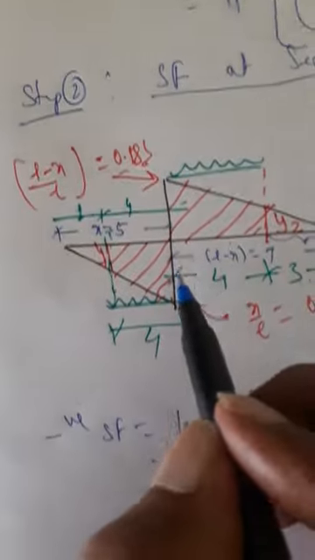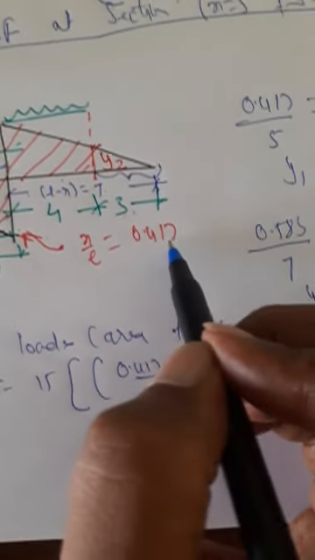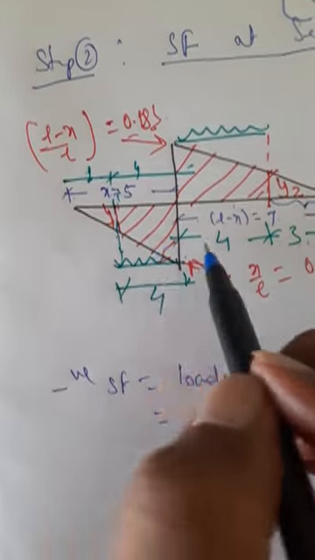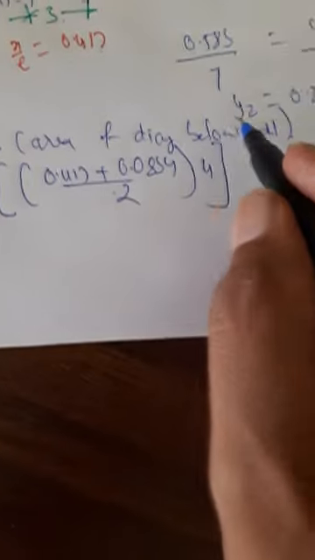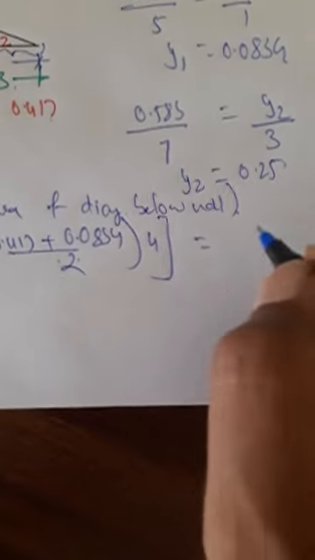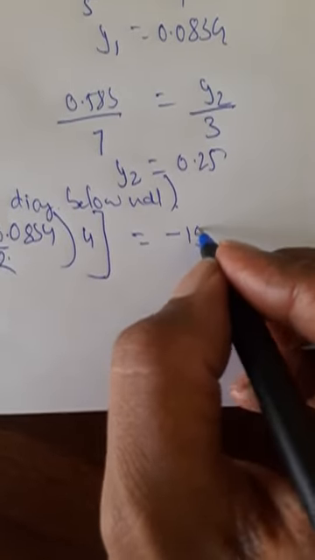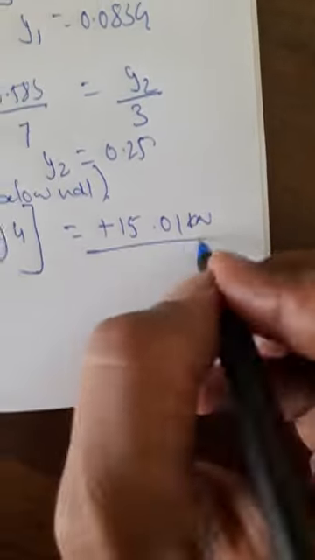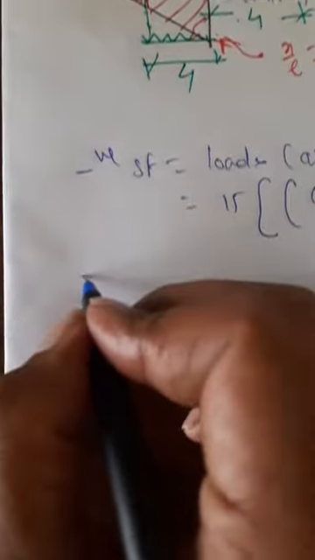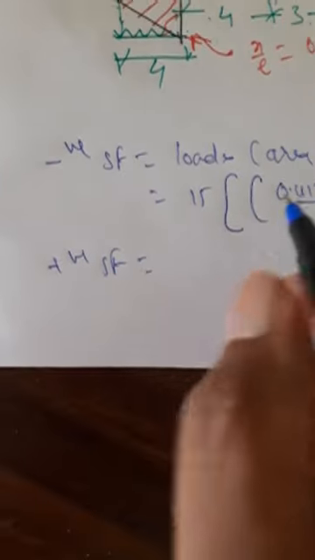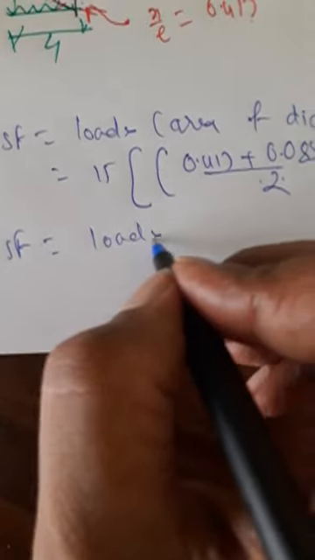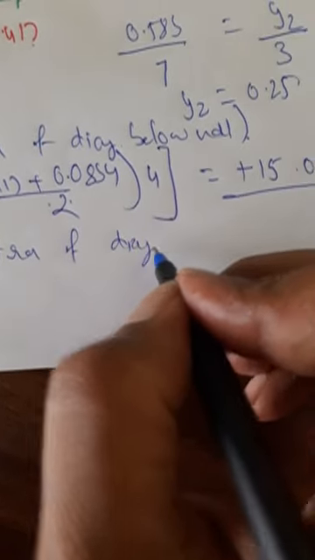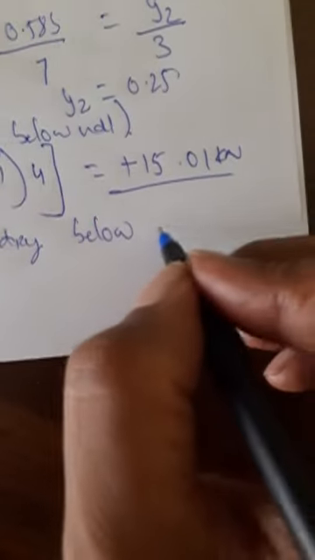This is the average of this ordinate 0.417 and y1, 0.083, into this span. So this gives me the value minus, or I can take plus in reverse, 15.01 kilonewtons. Similarly, positive shear force is equal to load into area of the diagram below the UDL.